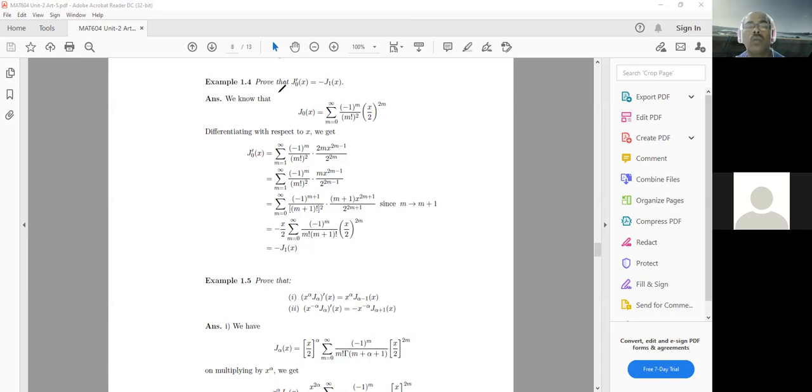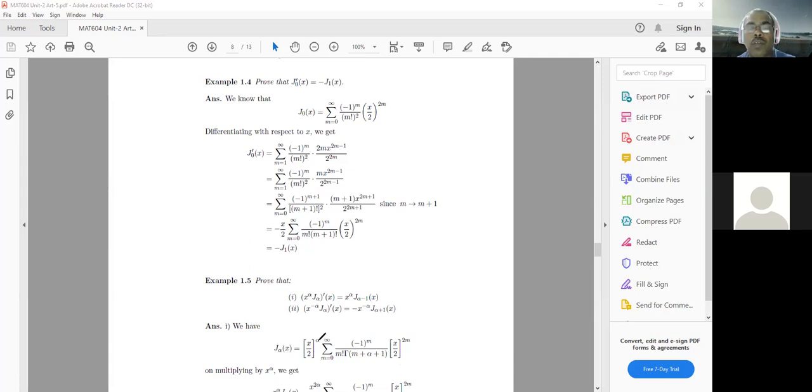So let us see how to prove this. So we know that this is the Bessel function of order alpha. Okay, see here. So whenever we put alpha is equal to 0, that will be a Bessel function of first kind, of order 0.